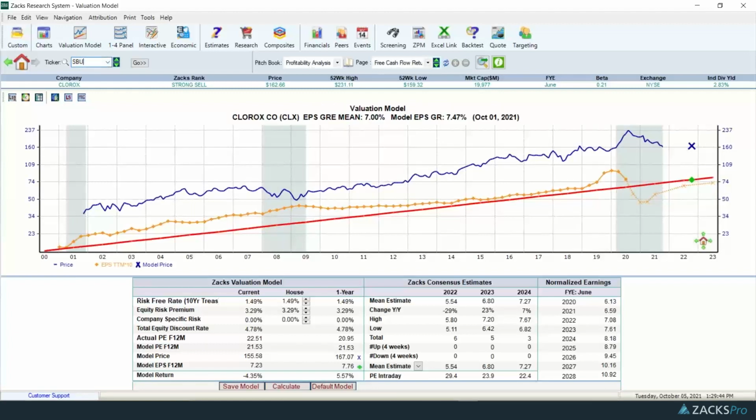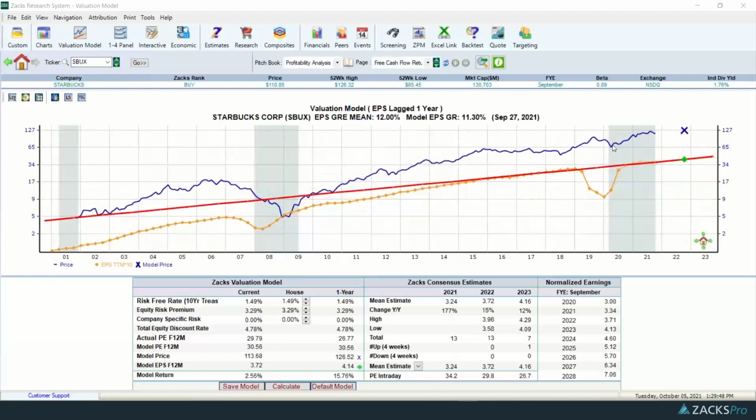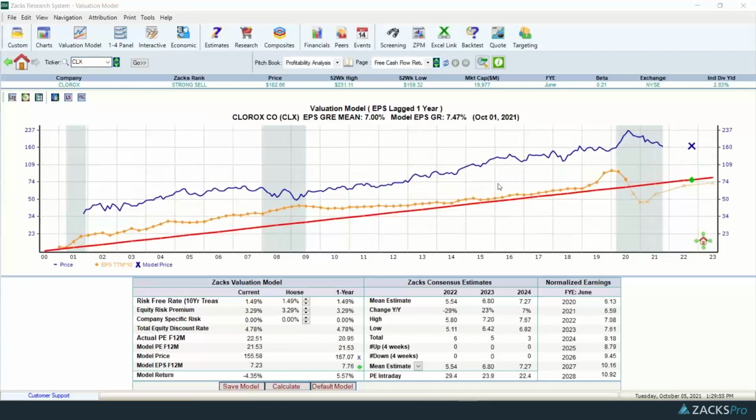So while Starbucks, which is also a member, and other companies were selling off during the COVID crisis, Clorox was providing that necessary diversification component to keep those price returns elevated through that crisis.